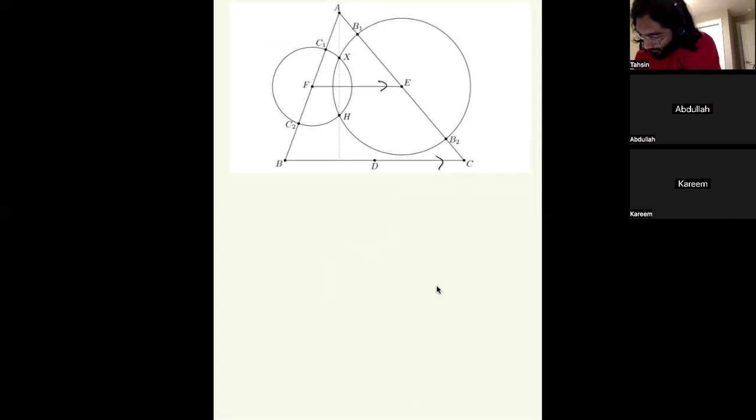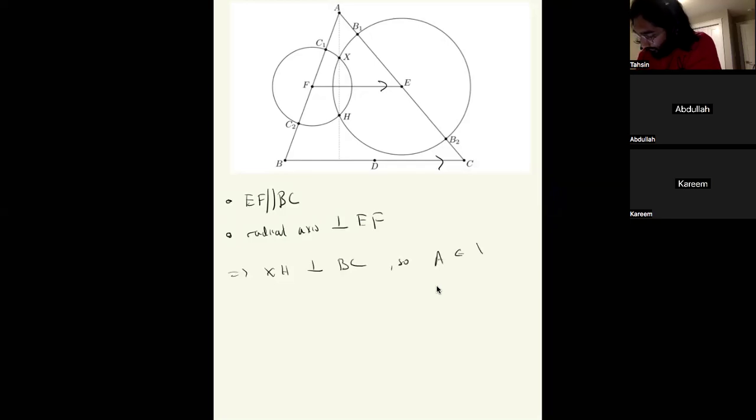The radical axis is perpendicular to EF because it connects the centers of the circles, and so it tells us XH is perpendicular to BC, so A is on XH.